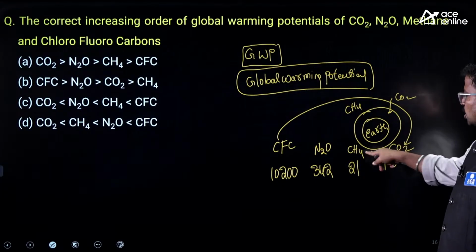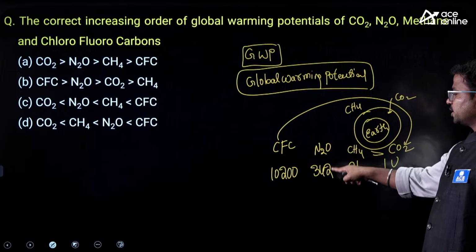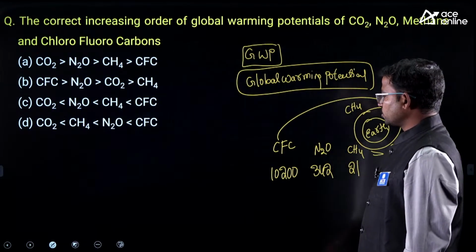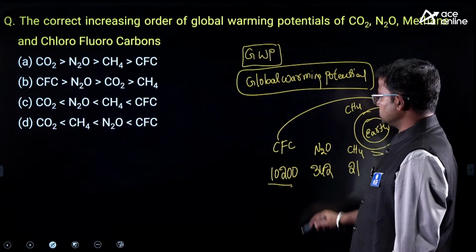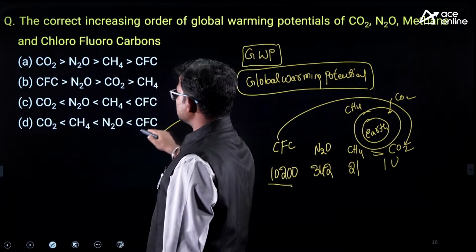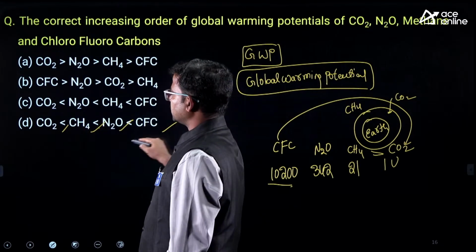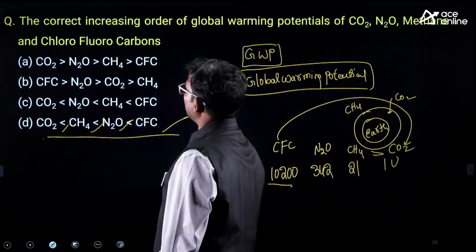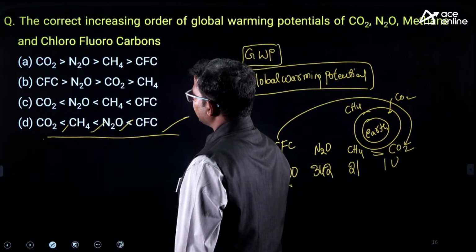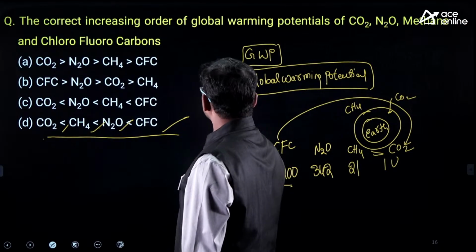In 100 years, how many times can methane raise the temperature? 21 times. Nitrous oxide, 342. Chlorofluorocarbons, 10,200 times. So this is the order: chlorofluorocarbons, next nitrous oxide, next methane, next carbon dioxide. That's why option D is the right answer.